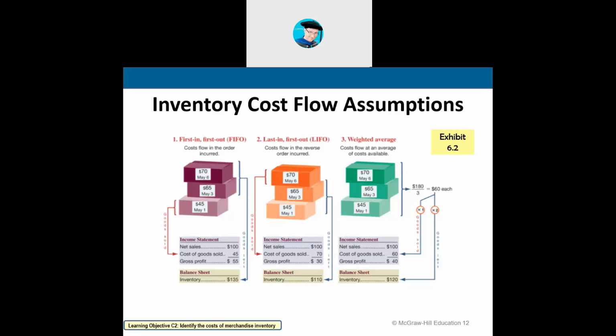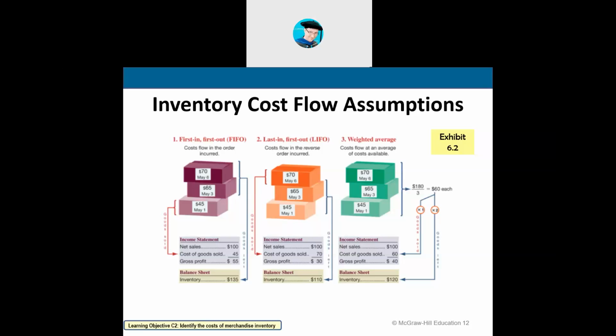So here's how it works. The business selects one of these three methods to calculate their carrying cost of inventory. And obviously, if I were the business in this case, I would select last in, first out. The reason for that is my carrying balance of inventory is $110.